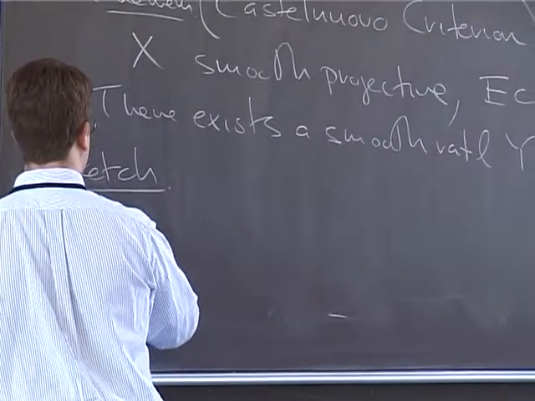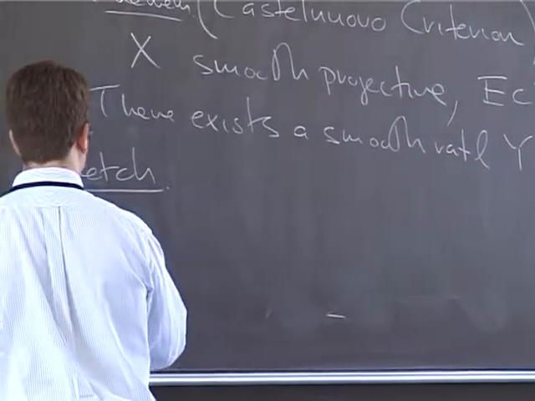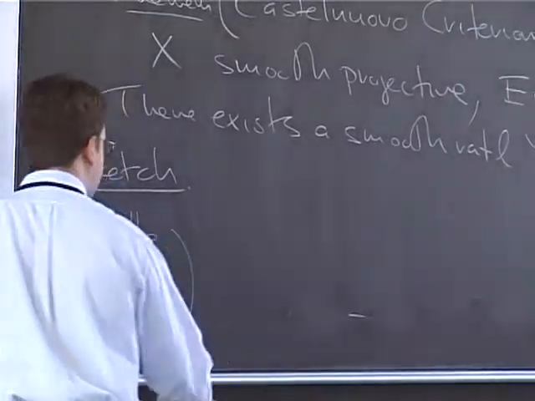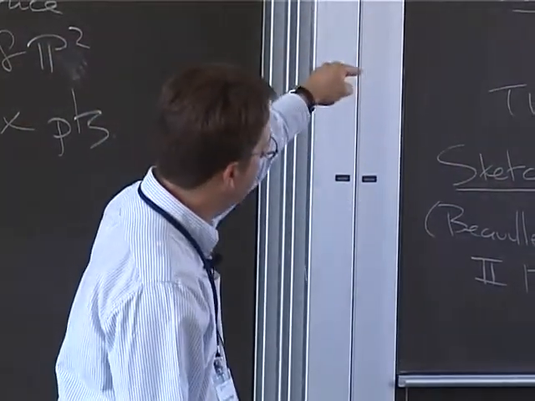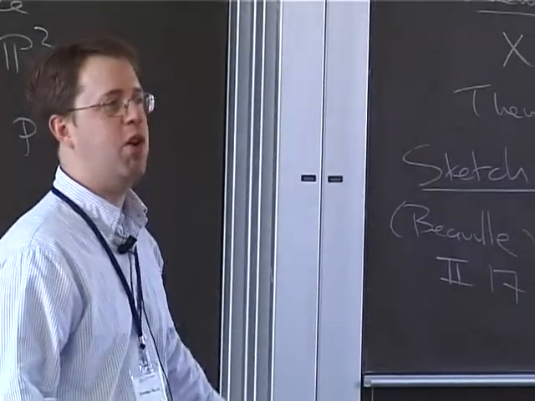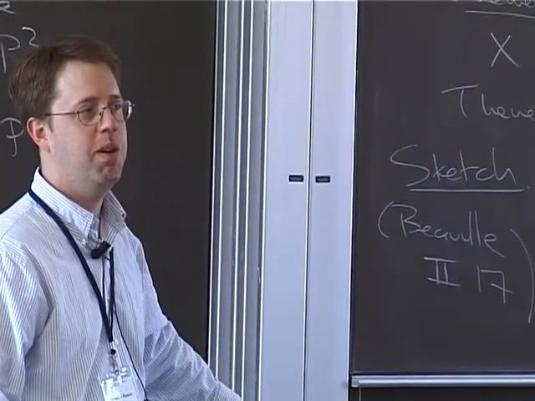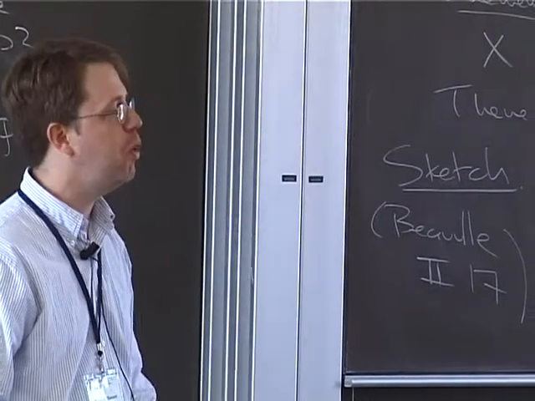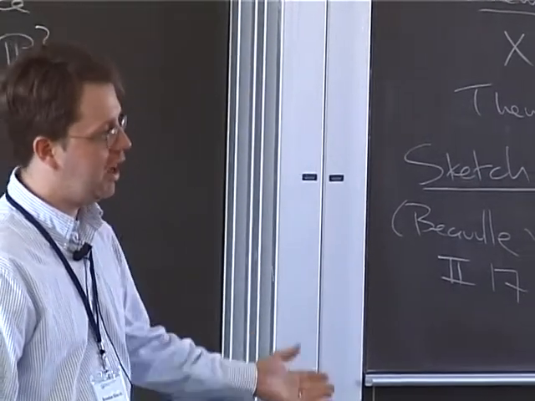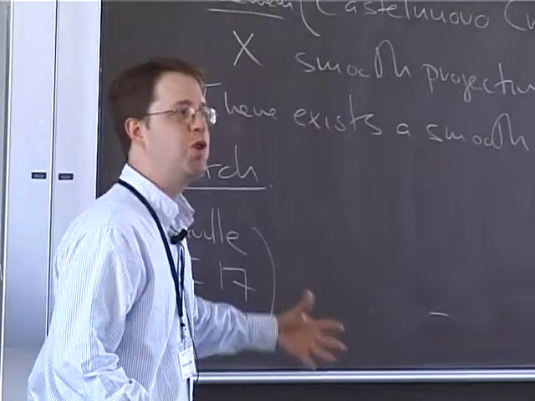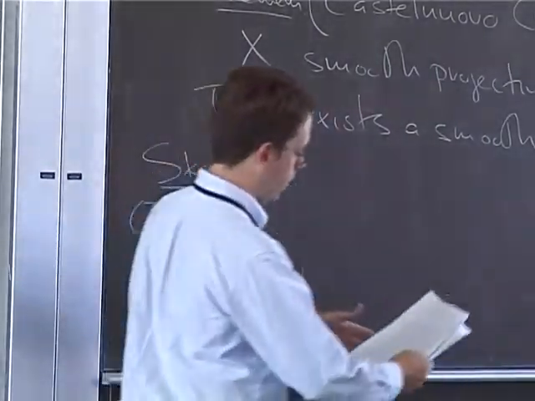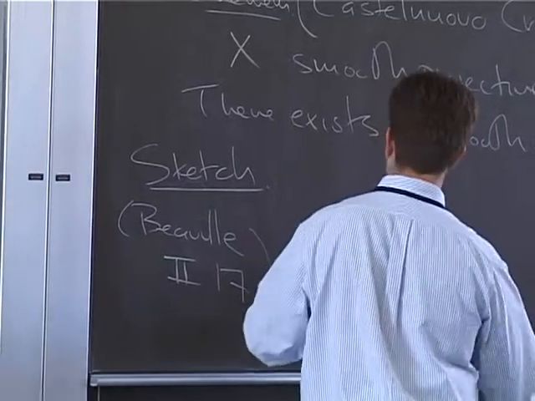If you want an honest proof, look at Beauville's book. This is only the beta version of our contraction theorem, so I don't feel much moral duty to prove it. I'll feel more of a duty to prove the version 1.1. But let me at least sketch this to show you the idea.